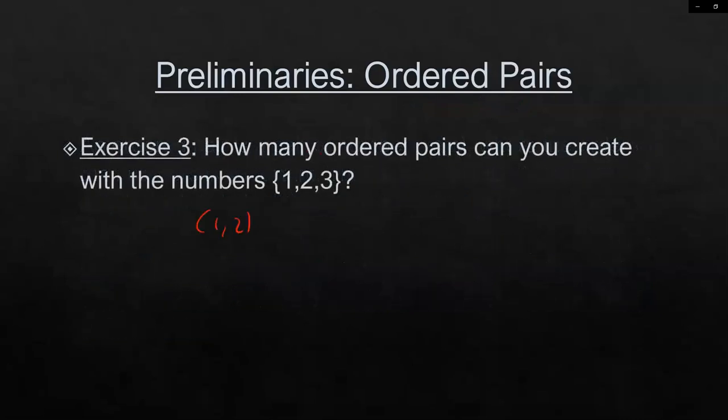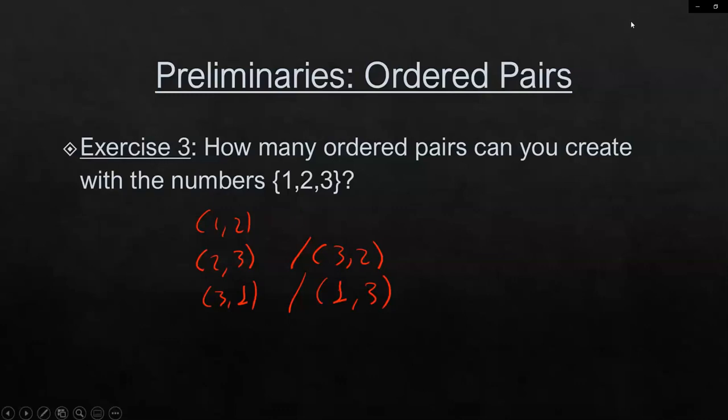So with this idea, if I wanted to make ordered pairs, yes, perfect. 2, 3 is another one. Yes. 3, 2 is another one. Very nice. Yes, 3, 1. 1, 3, which is the mirror. Very nice. Are we missing something? Did we say 2, 1?